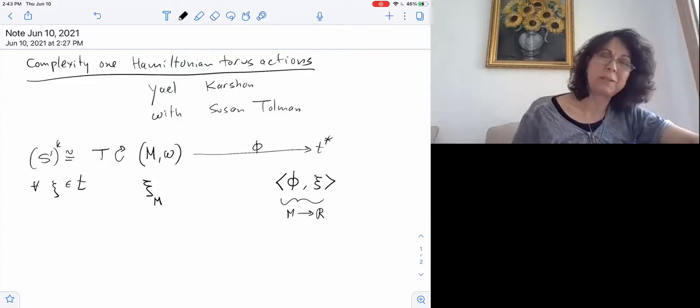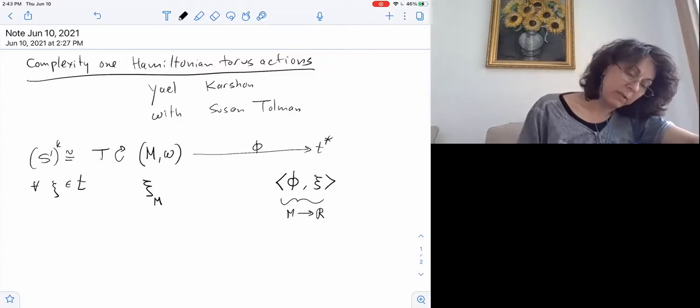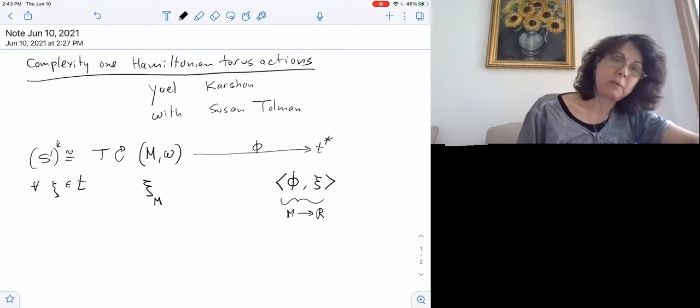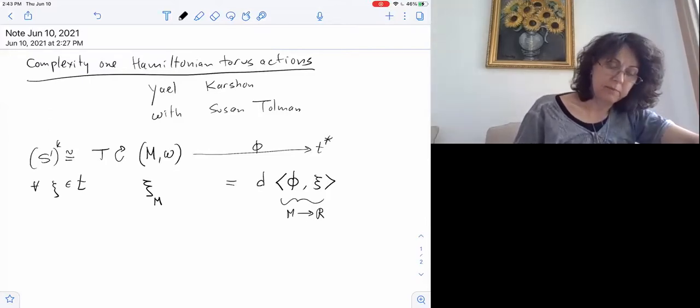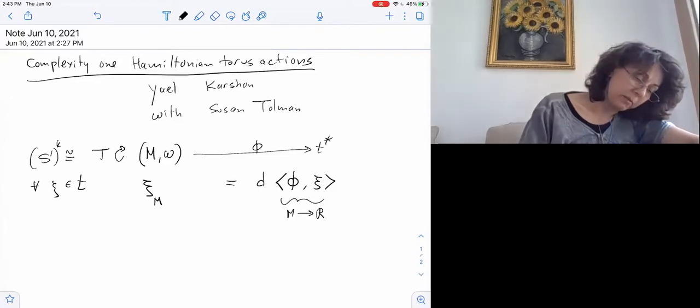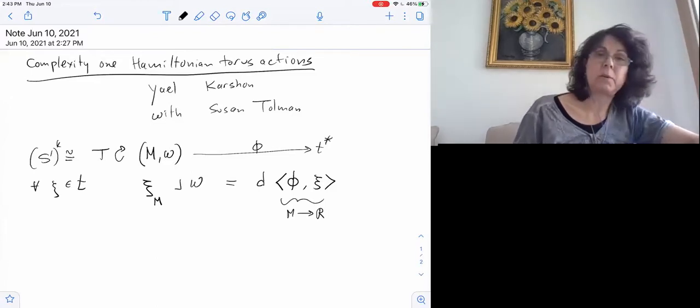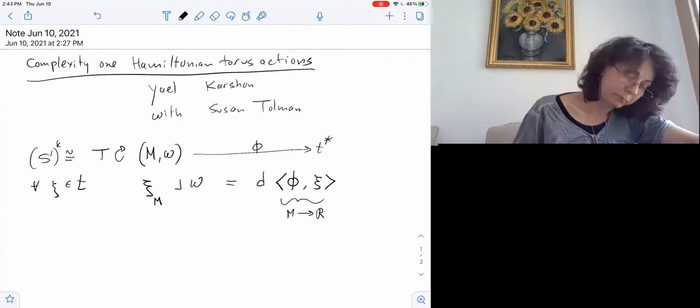So these are the coordinates of the momentum map. And we would like the coordinates of the momentum map to generate the corresponding flows using Hamilton's equations. So the d, the derivative of this real valued function, that's a one form, should be the same as contracting the two form with the corresponding vector field.